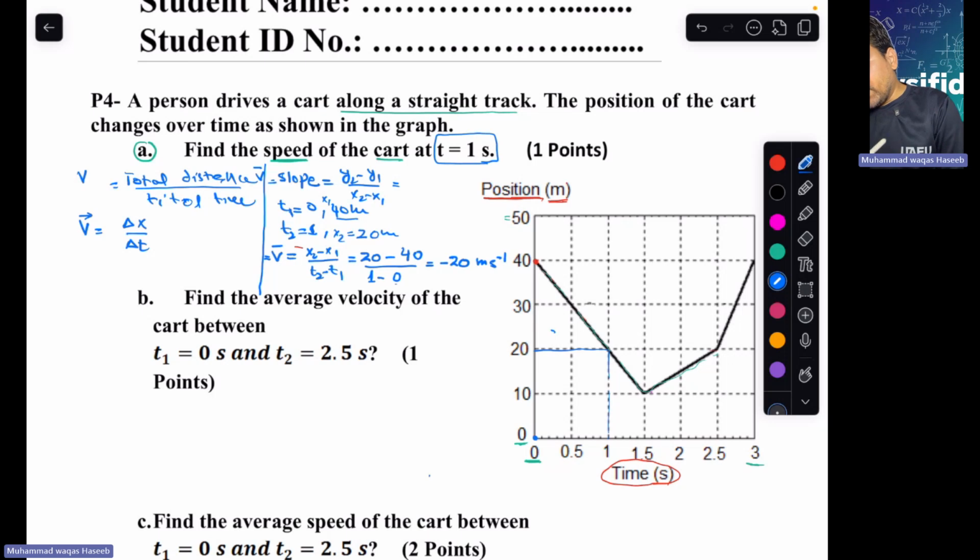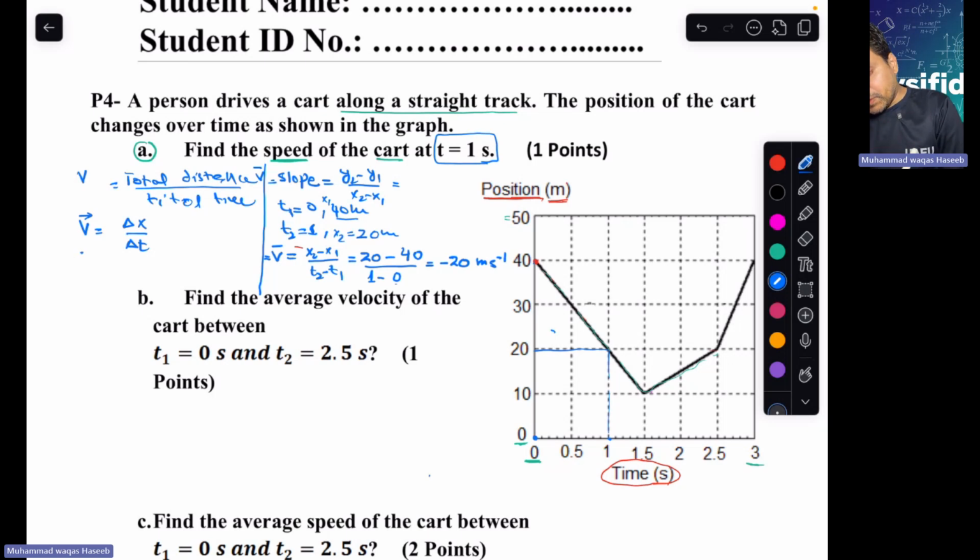So how could you find the velocity any time you are given a graph of position versus time? You calculate the position at the initial point and the final point on the position versus time plot and take the slope.